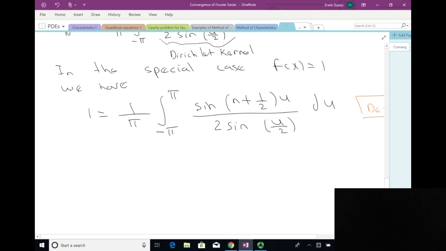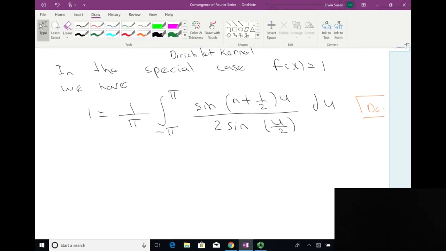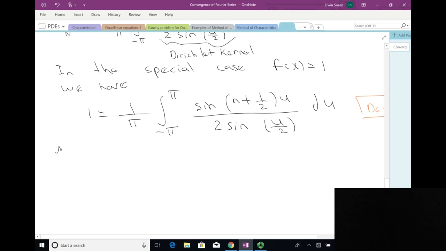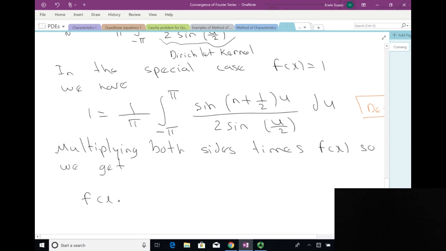So since this is equal to 1, now I can multiply both sides times f of x. So we get f of x equals 1 over pi integral from minus pi to pi.